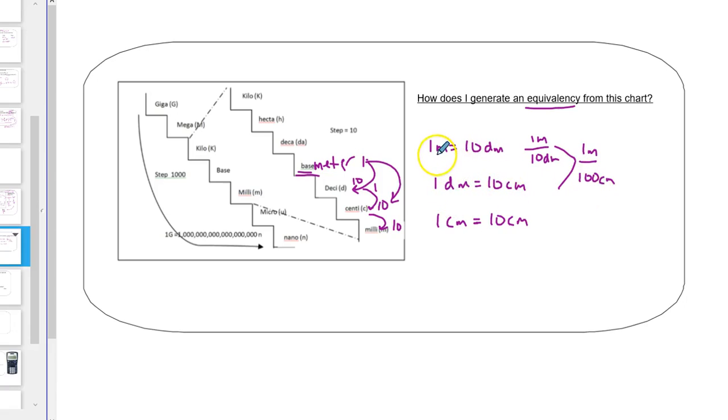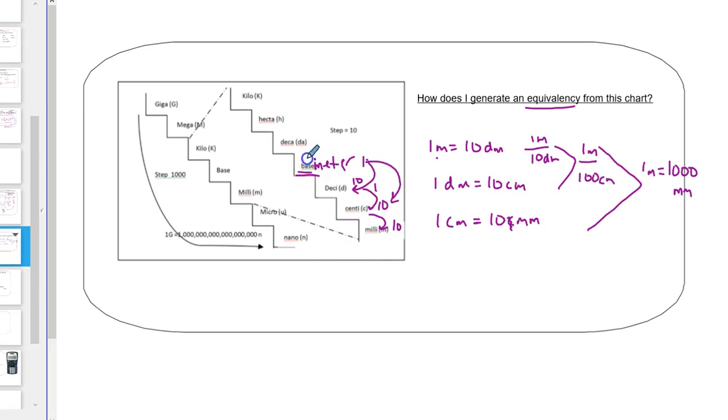And therefore, 1 meter equals how many millimeters? In this case, we go one step farther, and 1 meter equals 1,000 millimeters. Reading this chart is somewhat important, but there are generalizations that should be made that are used all the time.